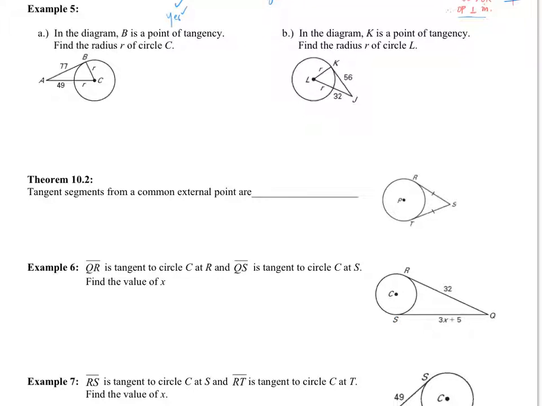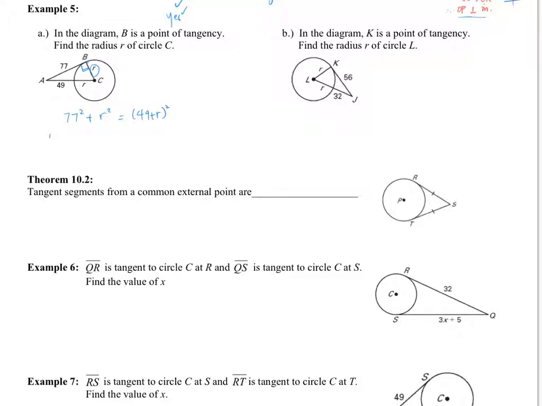Example 5, part A. In the diagram, B is the point of tangency to circle C. Find the radius R of circle C. So I know this is going to be the right angle here, ABC. So I need to use the Pythagorean theorem. 77 squared plus R squared, and then we want to know if that equals 49 plus R squared.